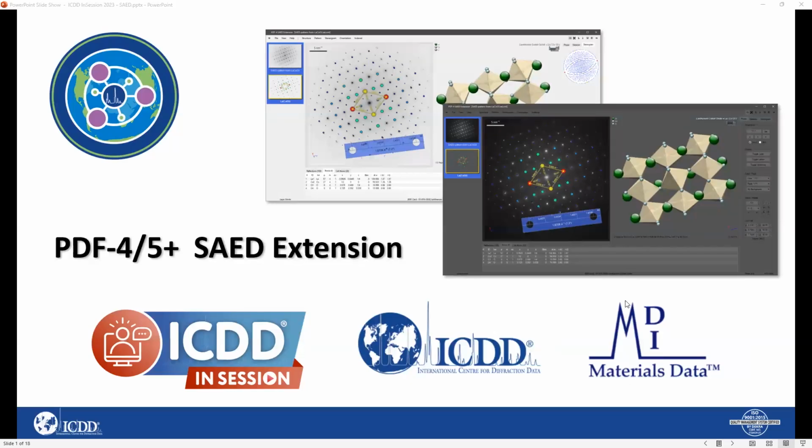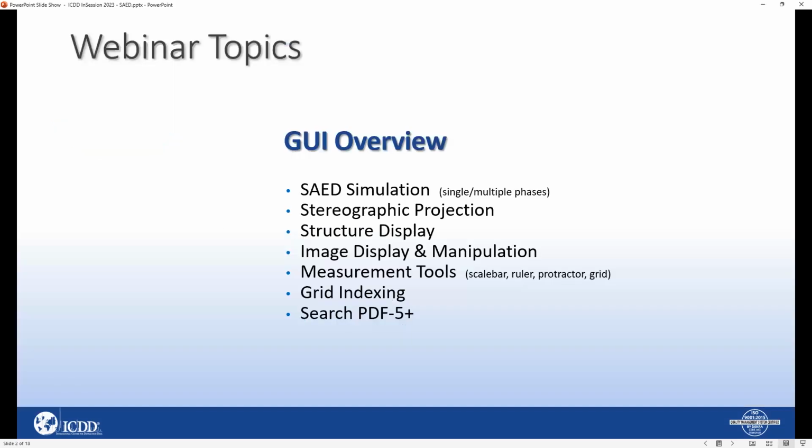Today's topic of the InSession webinar is the SAED extension in the PDF 4 Plus and PDF 5 Plus databases. Today we will mainly talk about a GUI overview, the graphical user interface of the SAED extension.